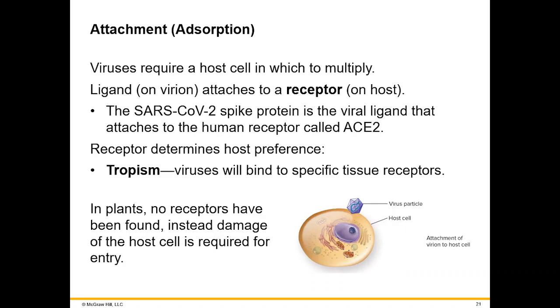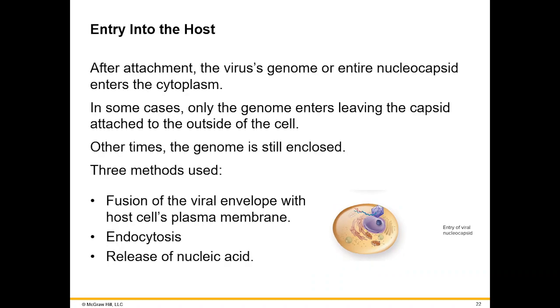Now for plants, because plant cells are covered by cell walls, plants become vulnerable to viruses if the plant itself becomes damaged, or the cell wall is damaged enough so that they can enter. Once they have entered the host, they release their nucleic acid, their genetic material.